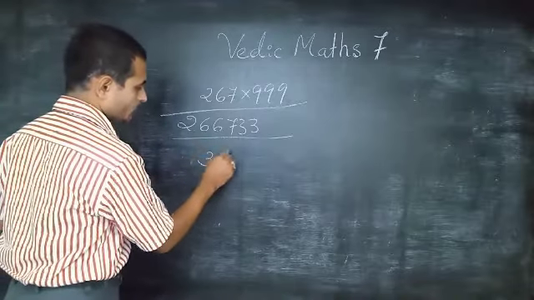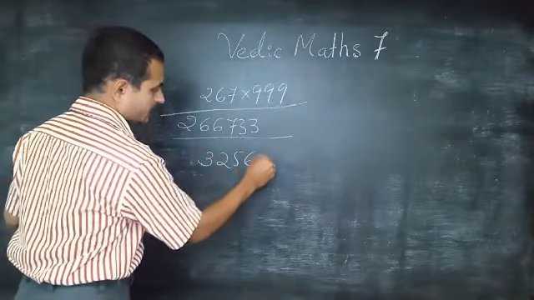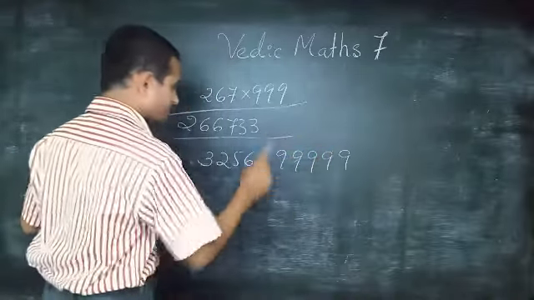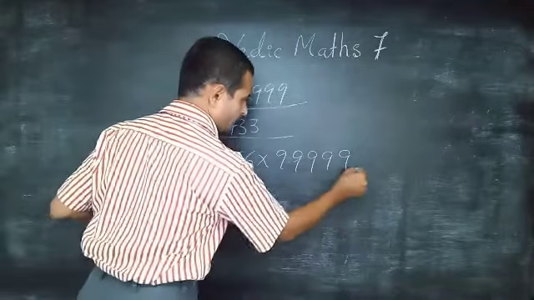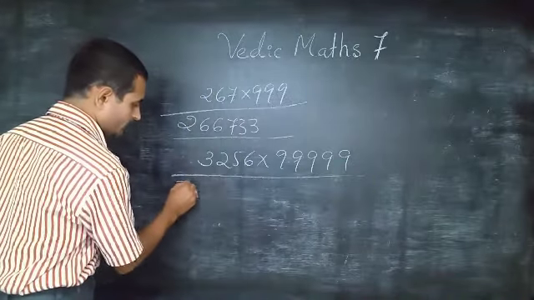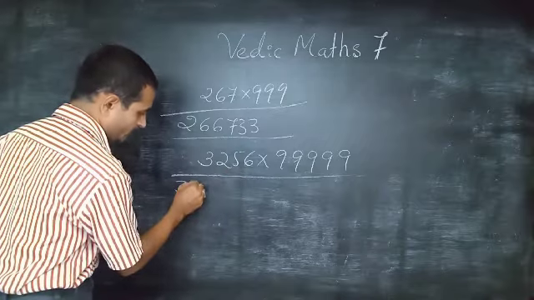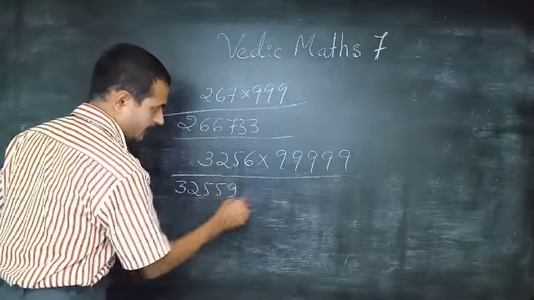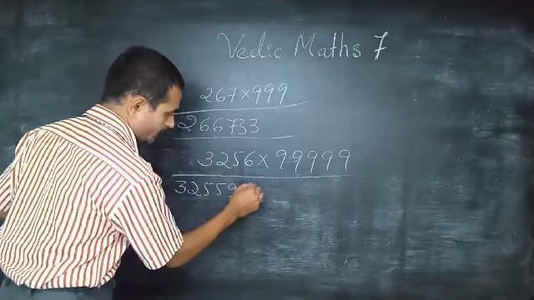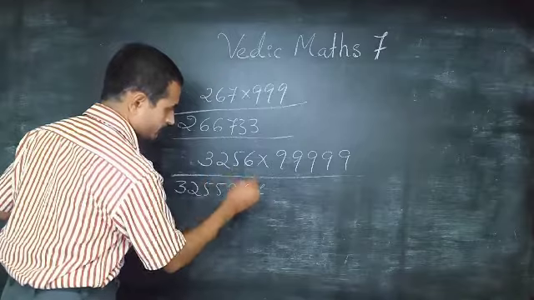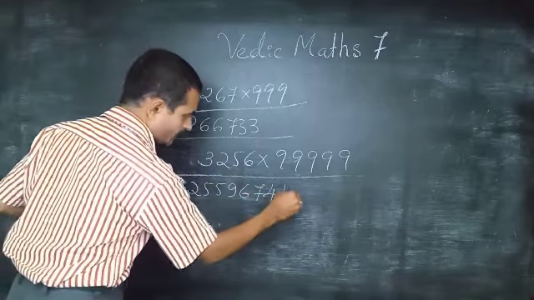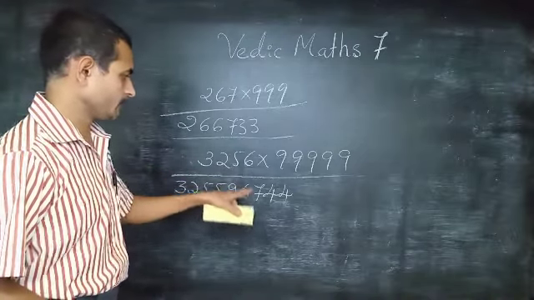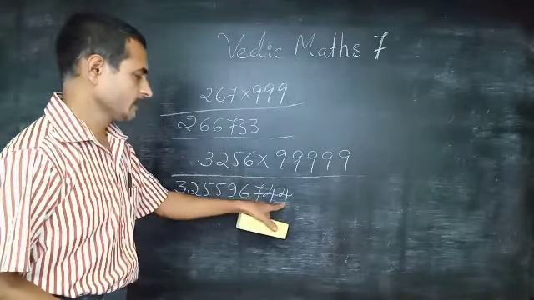3256 into 99999. If there are more 9s, here 5 nines, then Ekanyunena Purvena gives 3255. The extra 9s are to be put in the middle, and then the Nikhilam Sutra is to be applied: 9 complement, 9 complement, 9 complement, and last from 10 complement.